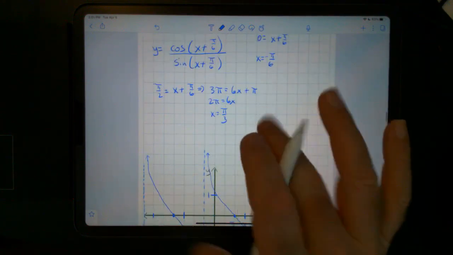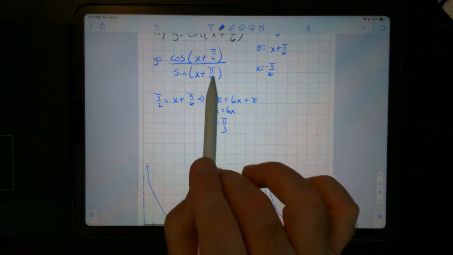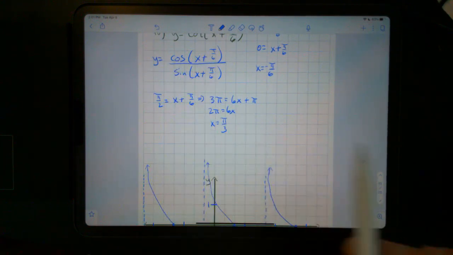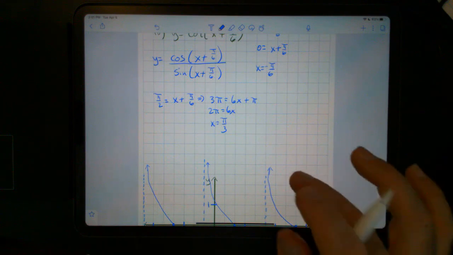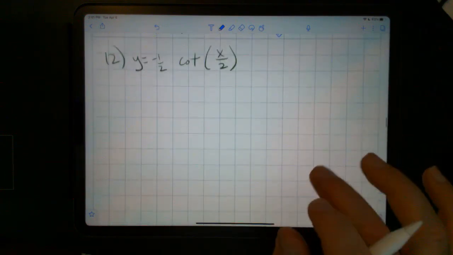It would be more precise if I found out exactly what happens when y equals 1. This is when the denominator is equal to the numerator. But this is fair enough.